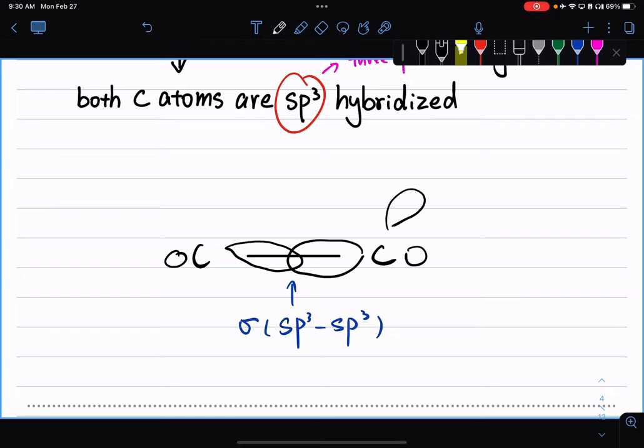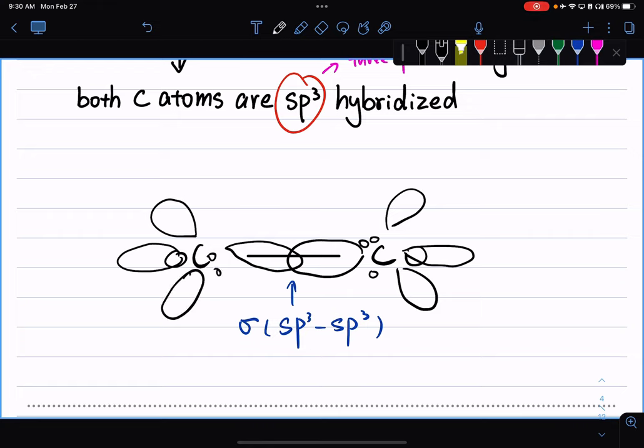And then you can have interaction with the hydrogen atoms. So what we're drawing here is each carbon has 4 sp3 hybridized atomic orbitals.